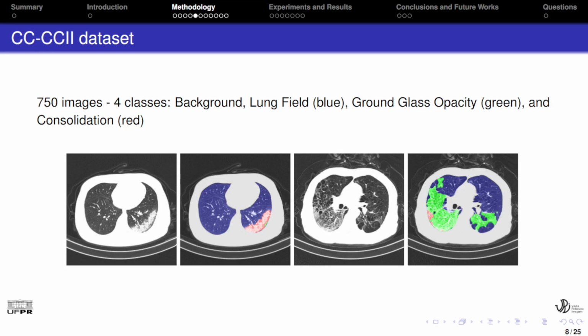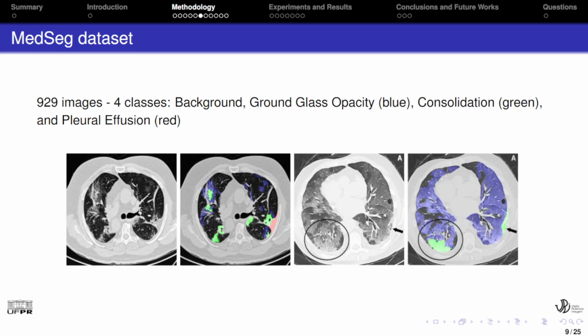The first dataset is the smallest one, with 750 images, and containing 4 classes: background, lung field, ground glass opacity, and consolidation. The second dataset, called MedSeg, is also a small dataset with just 929 images and containing 4 classes: background, ground glass opacity, consolidation, and pleural effusion.